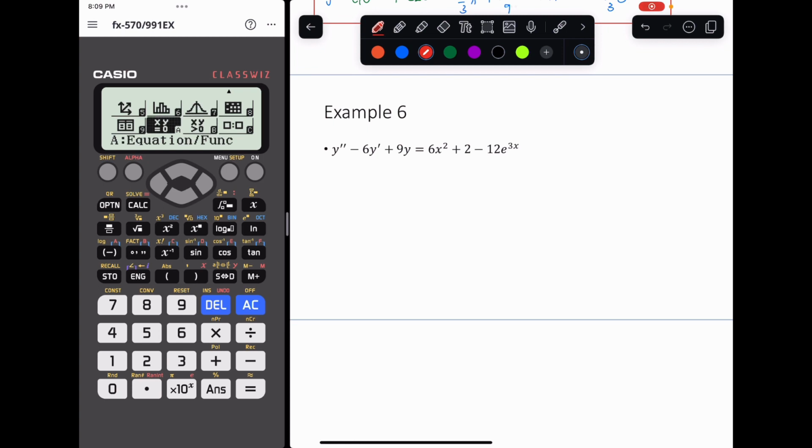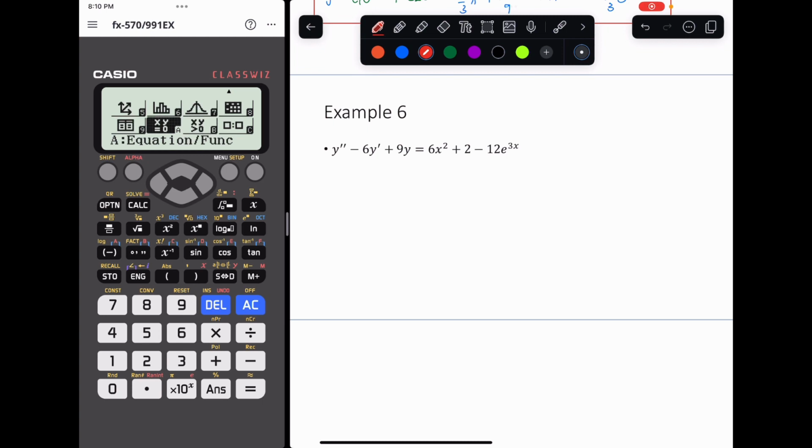Recall that case 2 is when a term in the particular solution duplicates a term in the complementary solution.